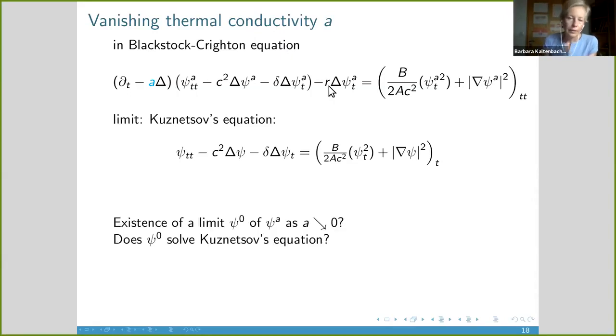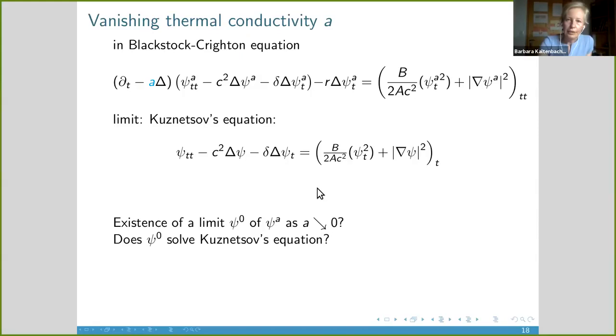So to what extent can this be made mathematically rigorous? Well, if you look at this as a family of equations and the corresponding solutions as a family of solutions, the question is, will this family of solutions converge as a tends to 0? In which norm does it converge? And will the limiting solution, the limit of this family of solutions as a tends to 0, really solve Kuznetsov's equation?